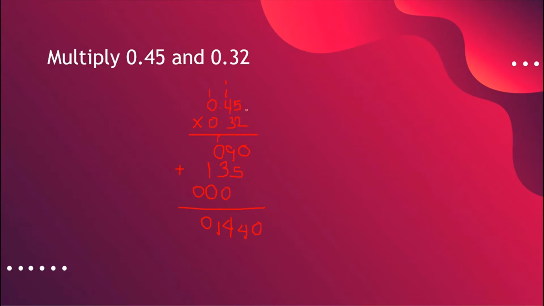Let's count how many decimal places we have. We have 1, 2, 3, 4. So we have 4 decimal places. Let's count 4 places to the left. 1, 2, 3, 4. So this will be the position of our decimal point, and this will be our final answer.